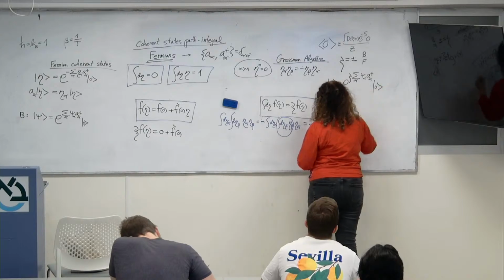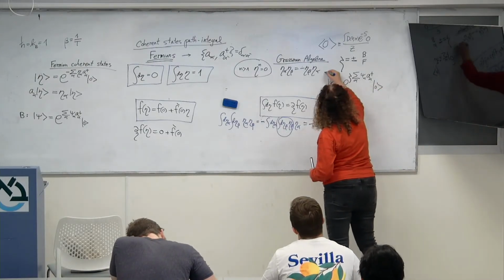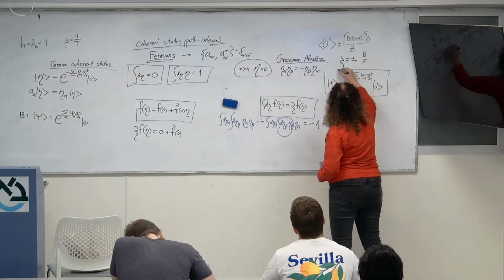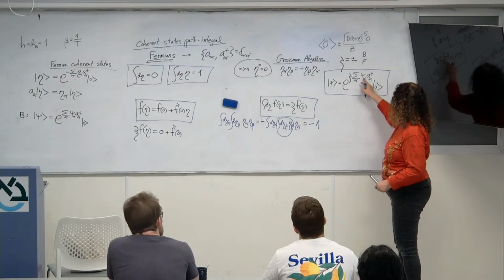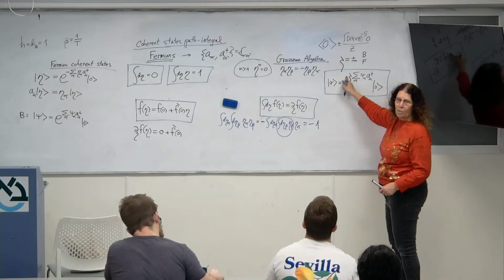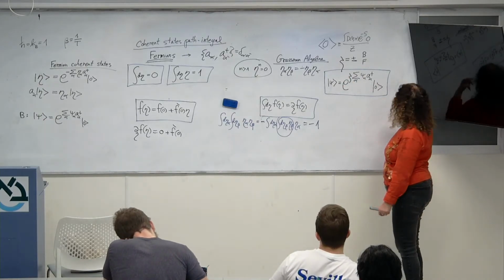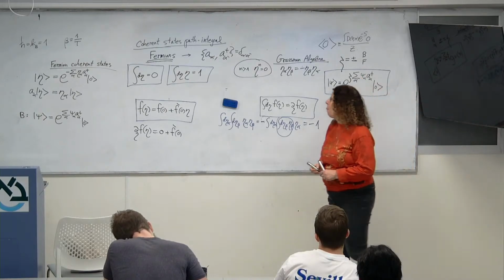This is an expression that is valid for both bosons and fermions, but the interpretation is that for fermions, this zeta is minus, and these are fermion operators, these are Grassmann operators, okay?